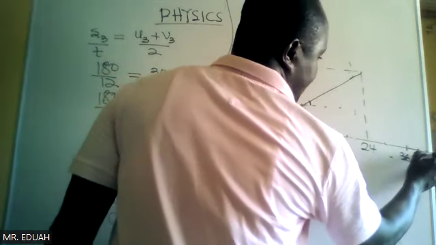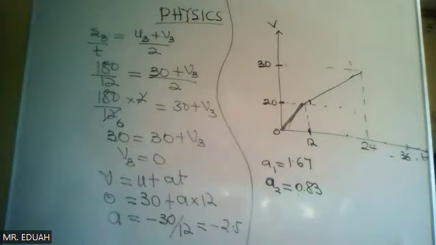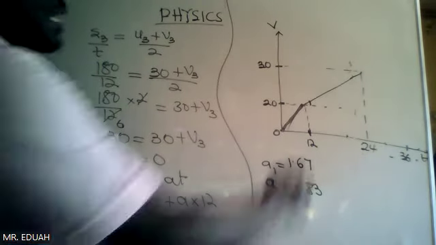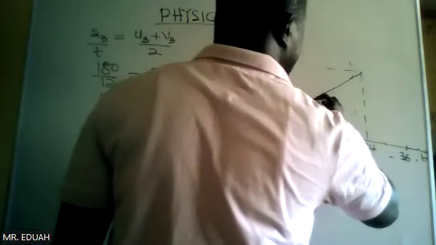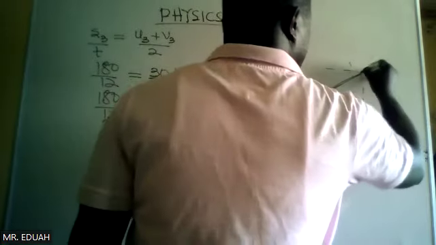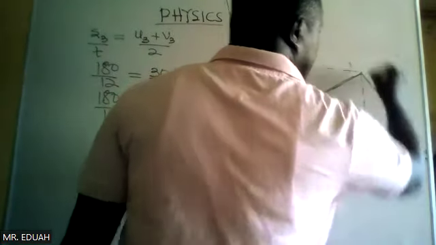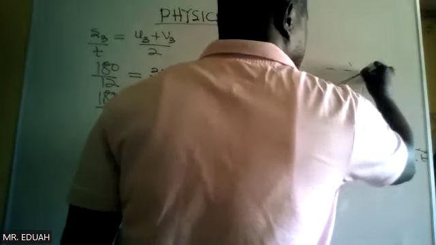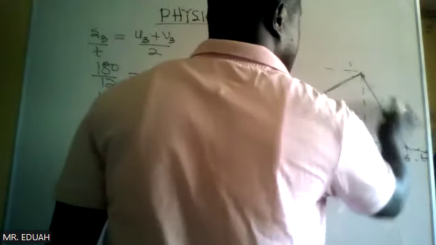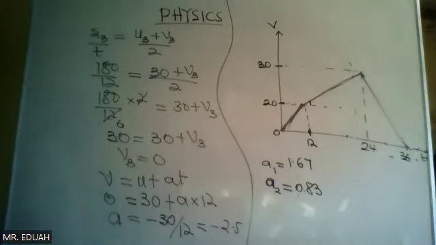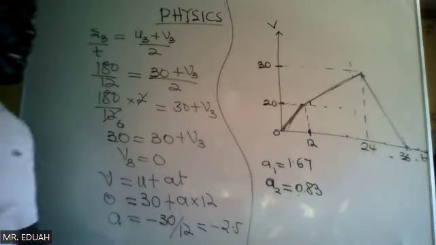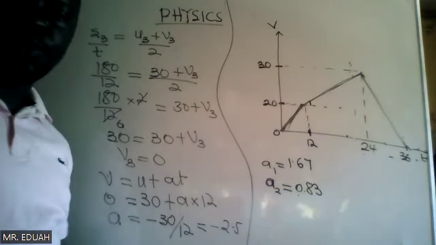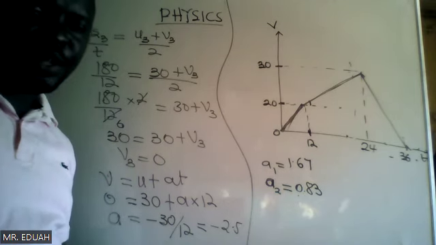You must factor all that. Then the third part, there was a uniform deceleration, so the final velocity is 0. So there's the graph of the motion.